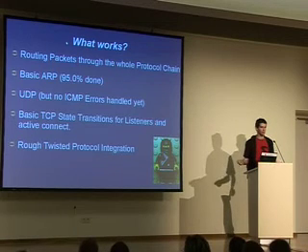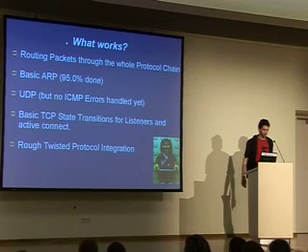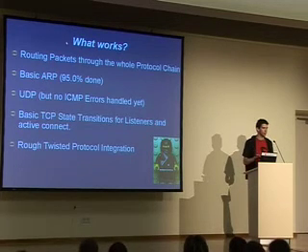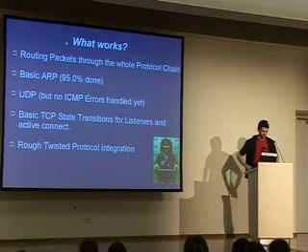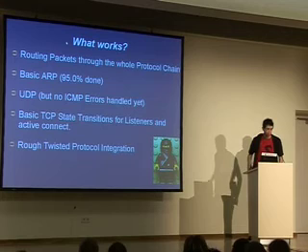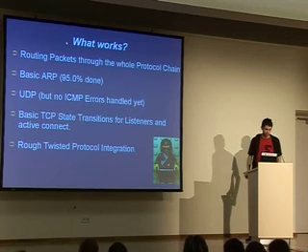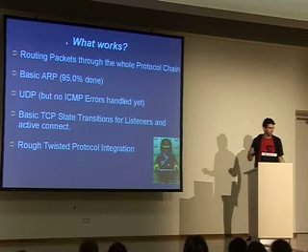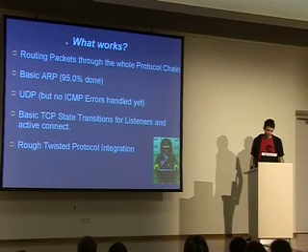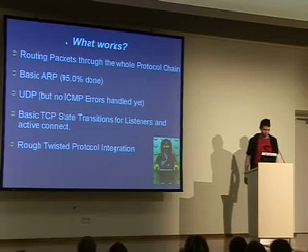Then I have semi-complete UDP support because it's really easy, though I don't have ICMP handling or message passing, which is another of those things where the protocols are really intertwined and can't be easily separated. Then I have all the basic TCP state transitions for both listeners and active connect running without any problems. And I have rough Twisted protocol integration.